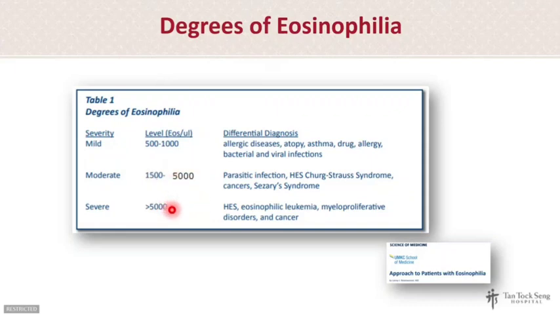If your degree of eosinophilia is moderate, you might be dealing with parasitic infection, or examples like Churg-Strauss syndrome, cancer, or Sézary syndrome. Or if you have severe eosinophilia, then most likely you might be dealing with hematological malignancies like eosinophilic disorders and cancers.